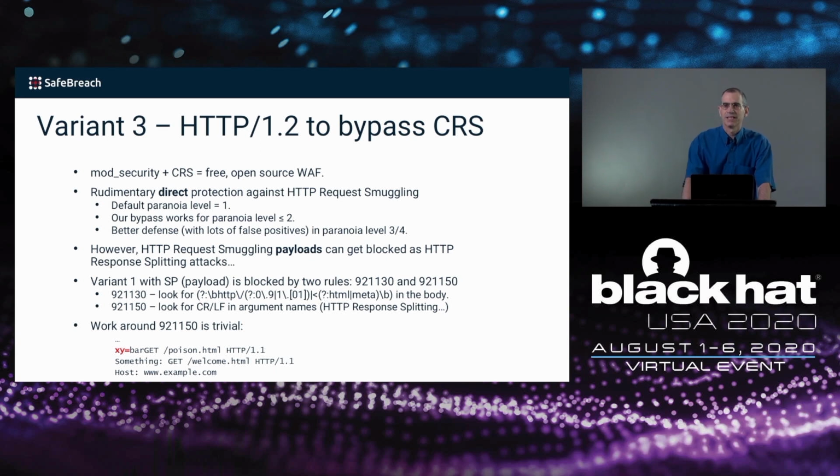Working around the last one, the 150, is trivial. We just move the attack from what ModSecurity considers as the argument name to the argument value by prepending a bogus or fake argument name, xy equals something, and then we move away from being an argument name.